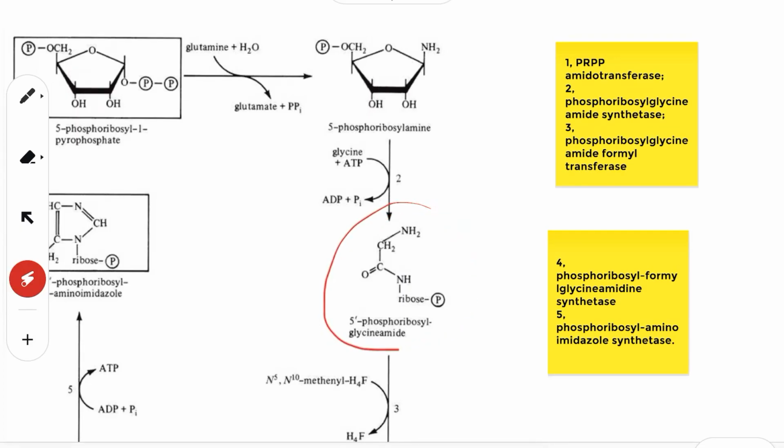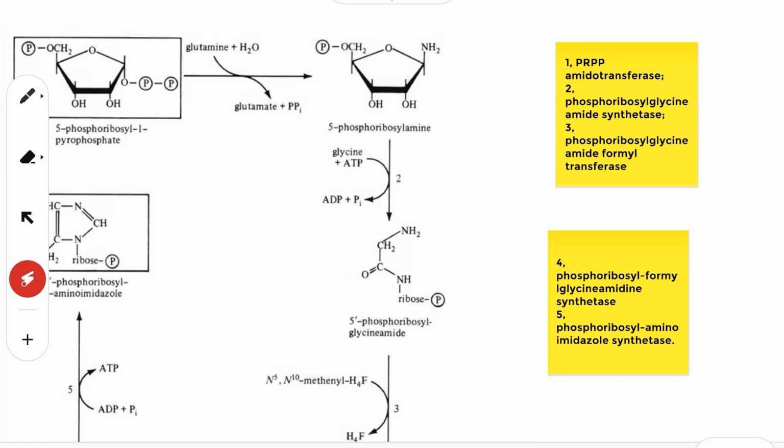For simplicity, the ribose phosphate is written as this, and then on this amino group glycine is attached. Now glycine is an amino acid that has hydrogen as its R side chain. So there is a carboxylic acid, an amino group, and 2 hydrogens on the alpha carbon. So this molecule is 5-phosphoribosyl glycinamide.